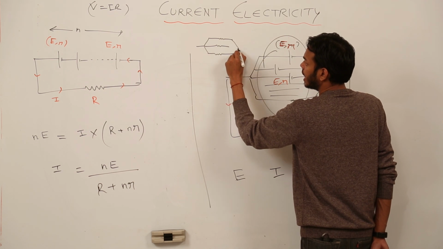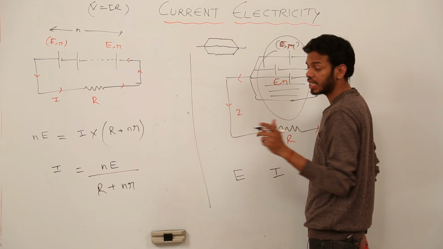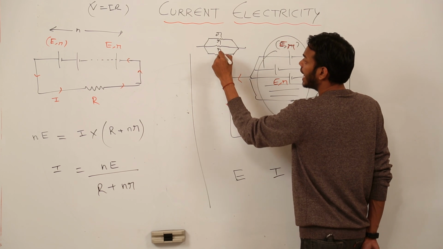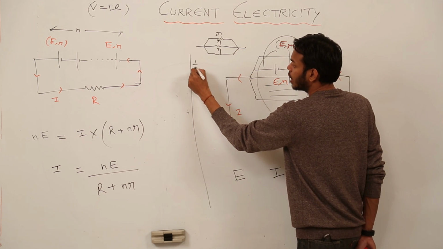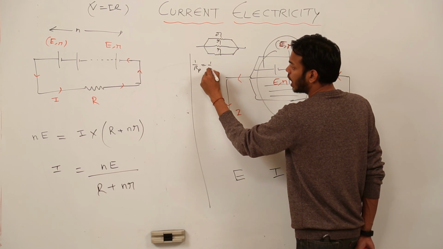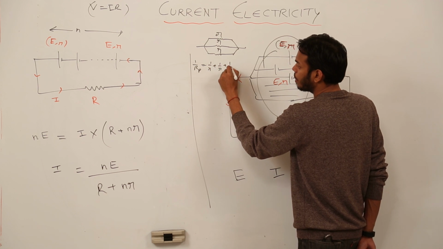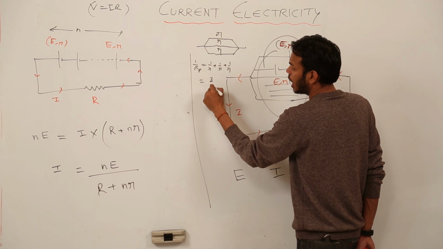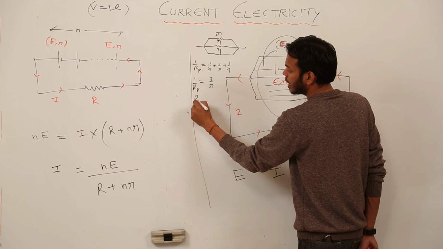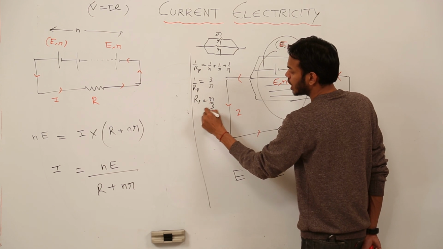If I have three resistors, 3 small r, how would I add them? They are in parallel. That means 1 upon r parallel would be 1 upon r plus 1 upon r plus 1 upon r. That means 3 upon r. That means r parallel would be equal to r upon 3.